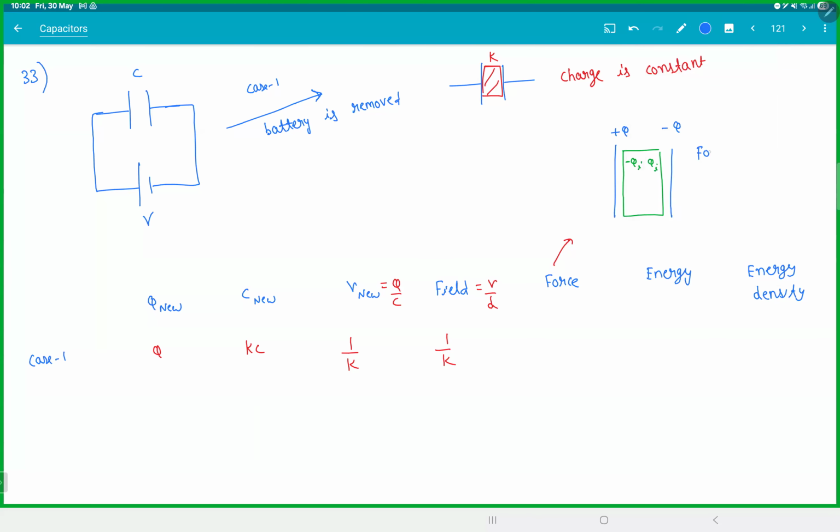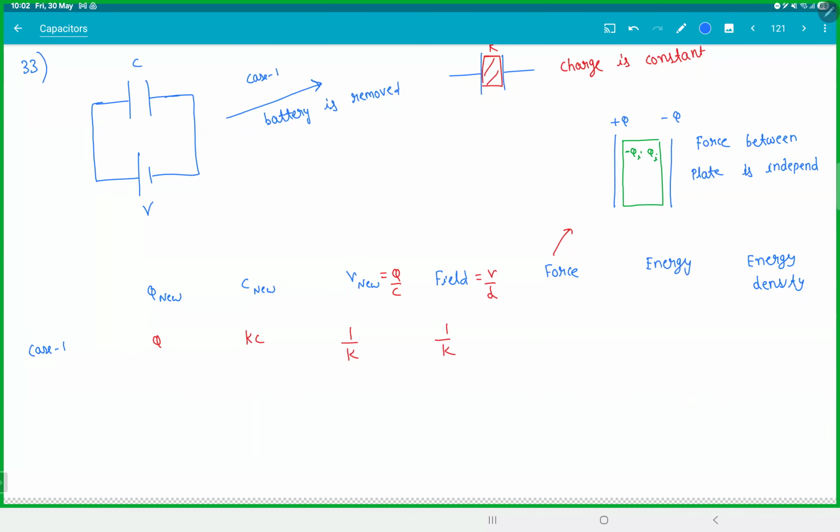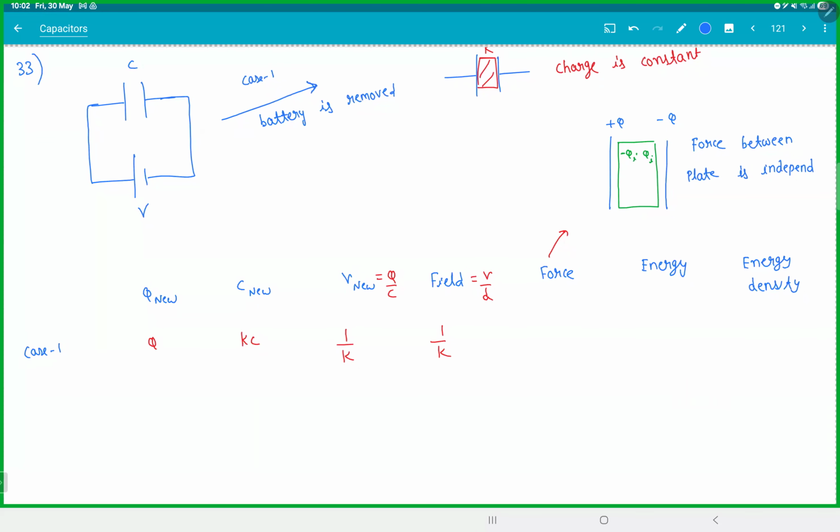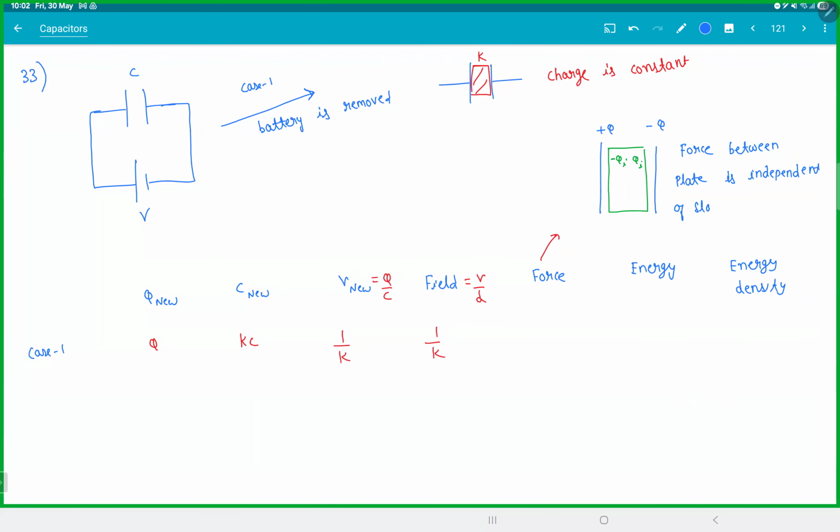The force between the plates is independent of the slab, because the slab has same plus and minus Q, does not create any field outside. So it will be the same as force in vacuum, which is Q square by 2A epsilon.